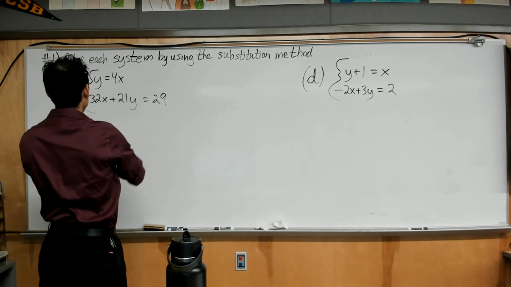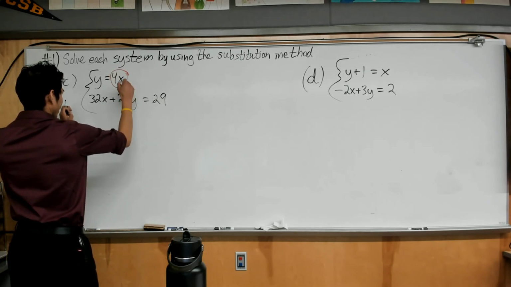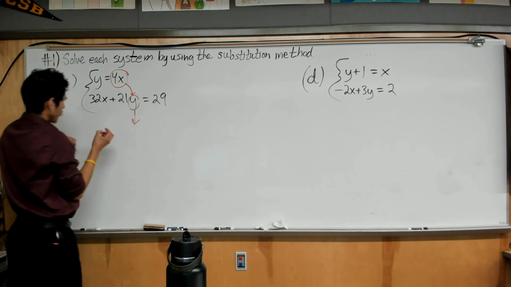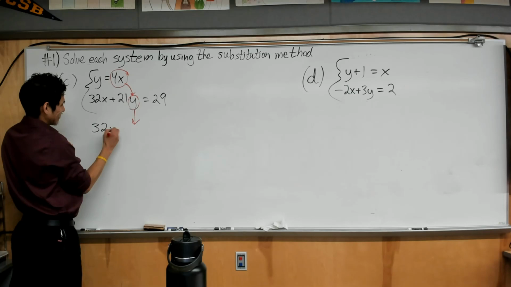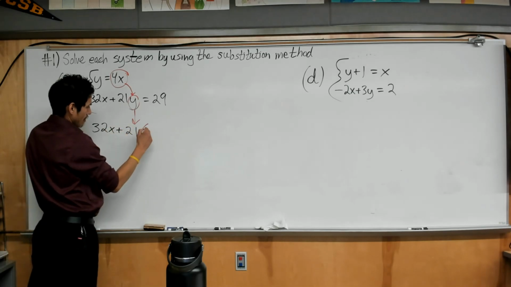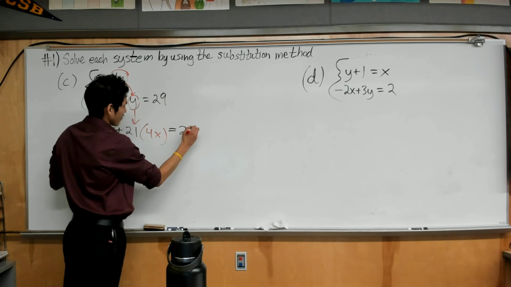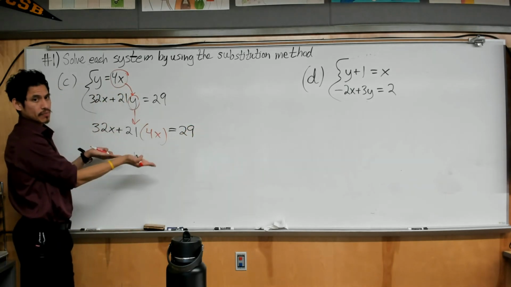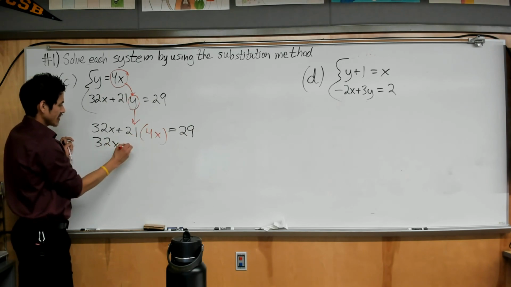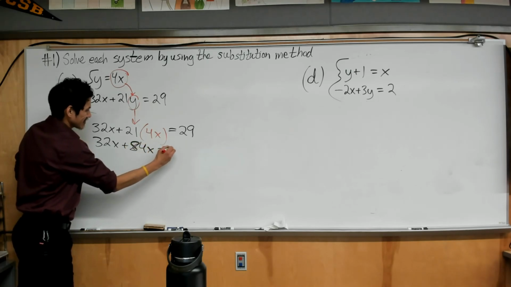So y equals 4x. We already got this done. 4x into this y. 32x plus 21 times 4x equals 29. And we just do the math to solve for this. 32x plus 84x equals 29.